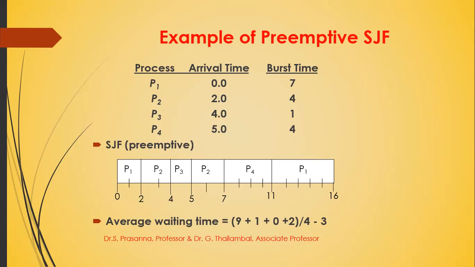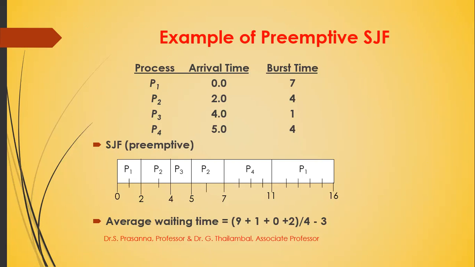So when you find the waiting time of P1, you might say that it has waited only 0 milliseconds, but actually it is 9. In the 11th millisecond, it again started its execution, and the first time it finished its execution at 2 milliseconds. So 11 minus 2 is 9. That is the waiting time of P1.